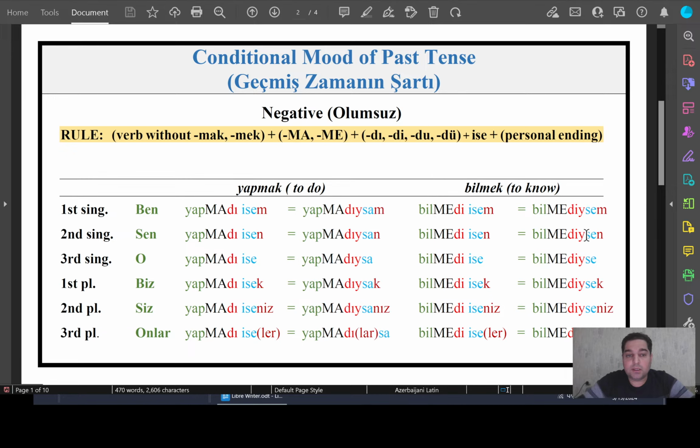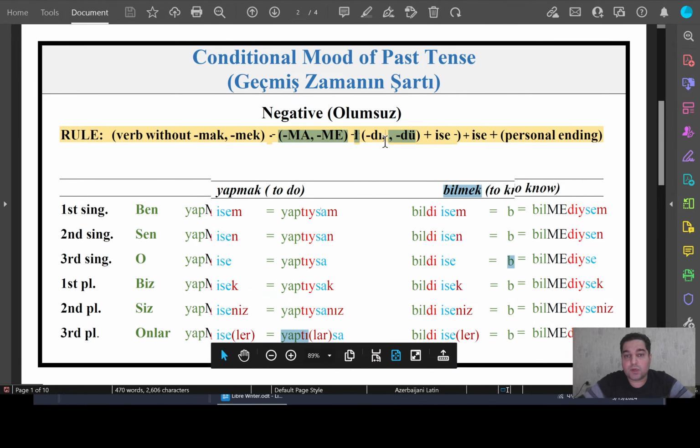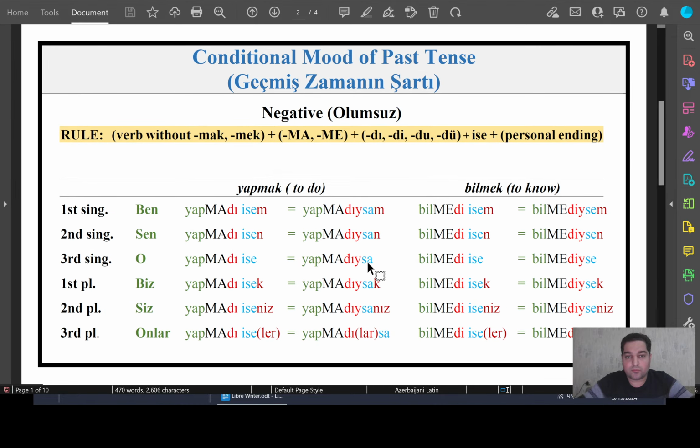The negative will be, we have to add what? We have the root, right? Then we have ma or me, one of these two negatives, and we don't have any other. There are just two versions, right? So basically ma, me, then you have di, du, one of them, right?